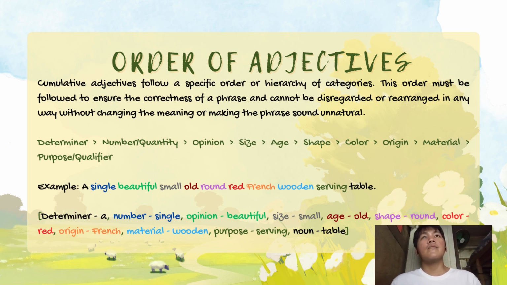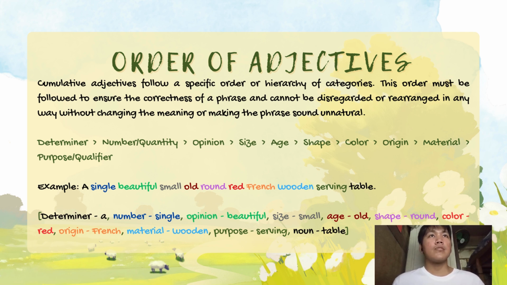So the order follows determiner, number or quantity, opinion, size, age, shape, color, origin, material, and purpose or qualifier. So for example, a single beautiful small old round red French wooden serving table.